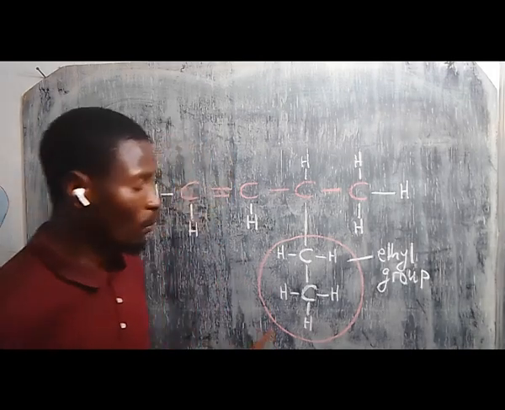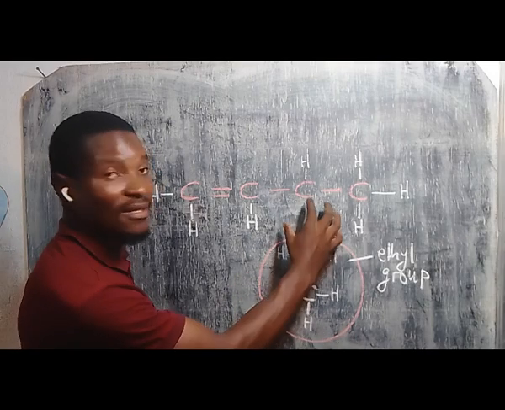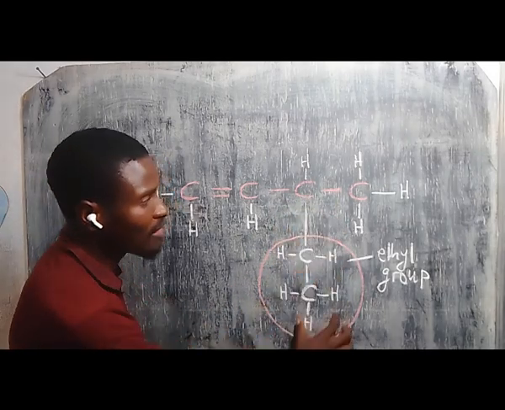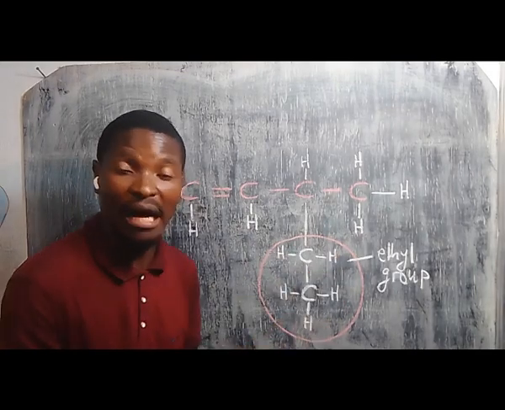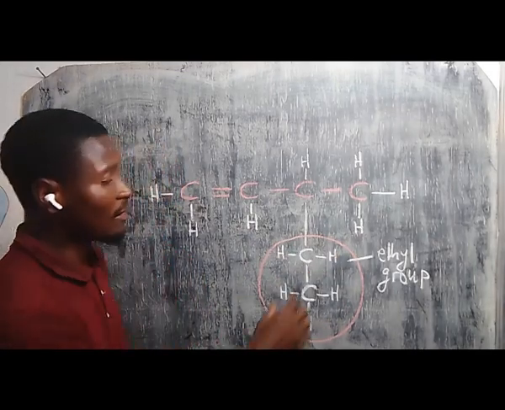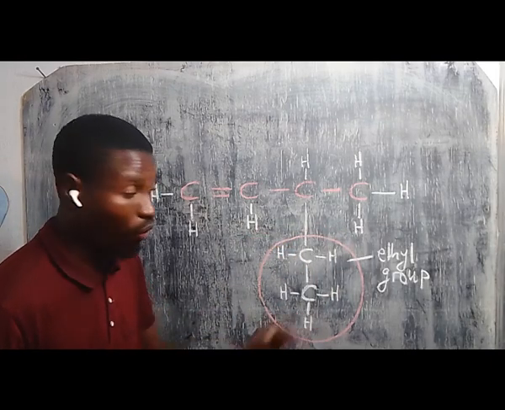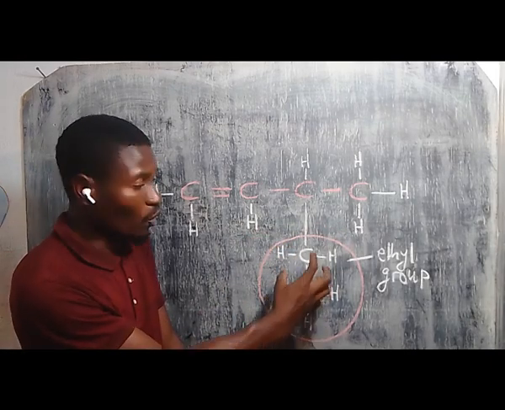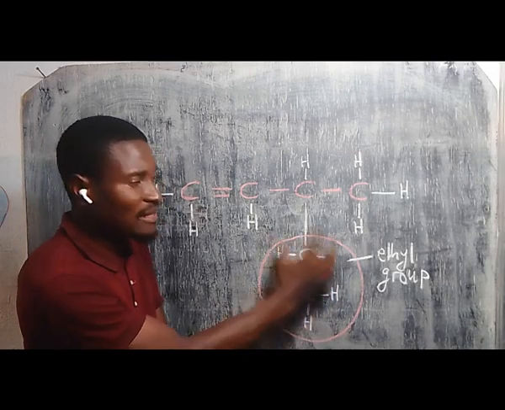And by the way, when you look at this part down here, it is branching off from the main parent chain. This is the normal chain and this is the branched off chain. Now when you look at what is branching off, you discover that there are two carbons within this group.